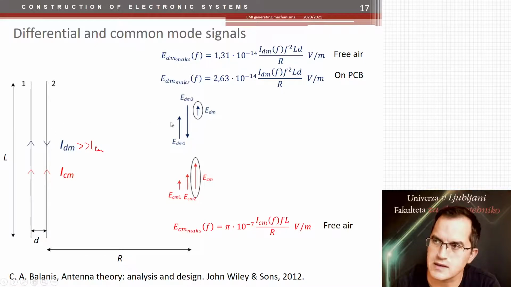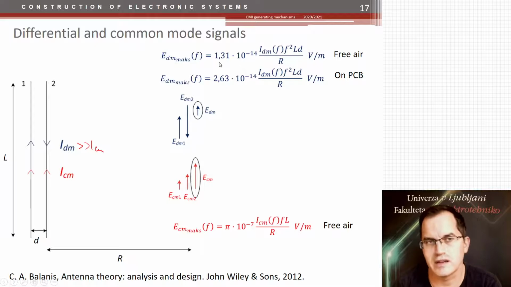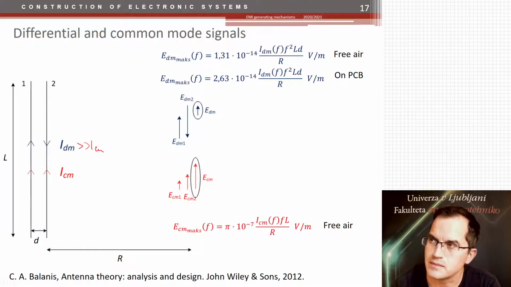And if the distance of these two currents to that certain point is more similar, then this resulting electric field would be smaller. So if you check out these two equations showing the analytical solution of electric field at a certain distance r from the cable or from the two lines on a printed circuit board, if you might, then you would see that the length is here, the distance is also there.